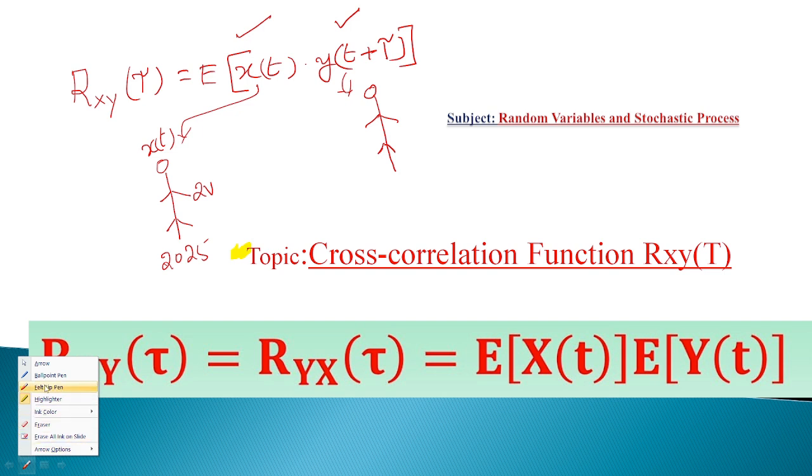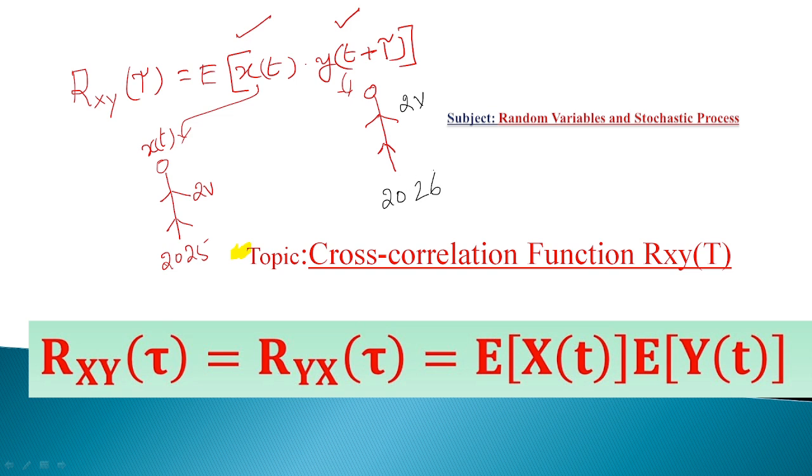Here also it is having the same 2 volts, and this is in 2026. Now x of t is having 2 volts and y of t is also having 2 volts.